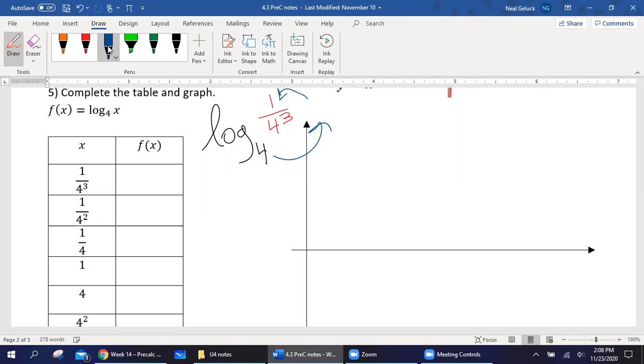The number that I would raise 4 to get 1 over 4 to the third would be -3. If I put in 1 over 4 squared, the power that I raise it to would be -2. If I wanted 1 over 4, -1. If I wanted 1, that's 0, 1, 2.